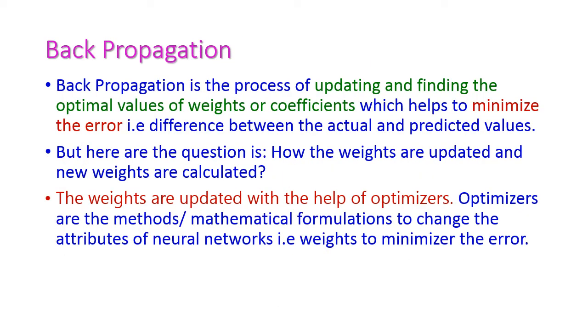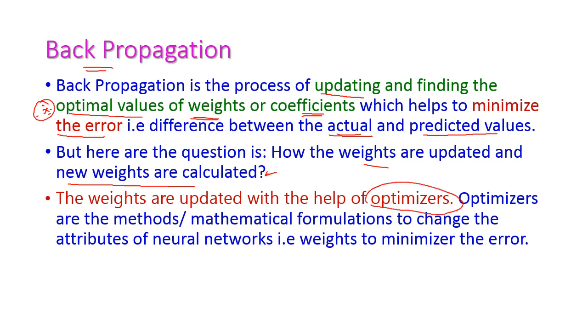Now let us see what backpropagation is. It is a process of updating and finding the optimal values of the weights or coefficients, which helps to minimize the error. This is important. What is error? Error is nothing but the difference between the actual output and the predicted output. Here the weights are updated and new weights are calculated by using the optimizer.